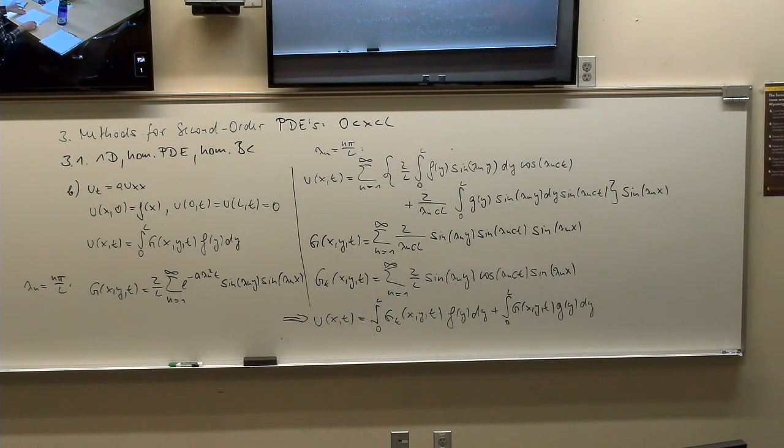You saw the B part for the diffusion equation. We talked about the solution, but you did not see the Green's function representation for the wave equation.